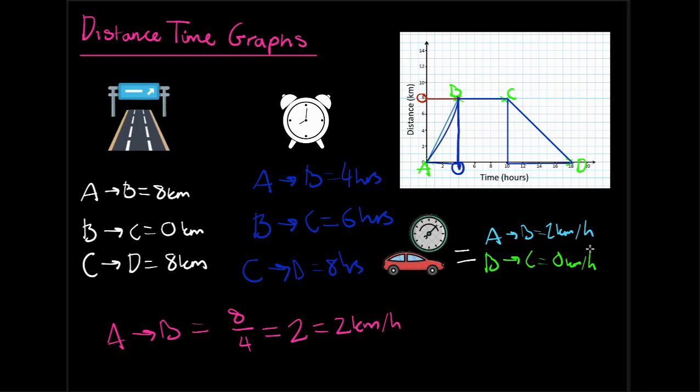So 8 divided by 8 is 1. So C to D equals 1 kilometer an hour. If we're increasing the kilometers, we're increasing the hours. Direct proportion, just like last video.